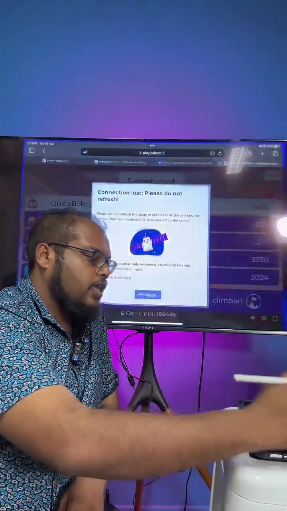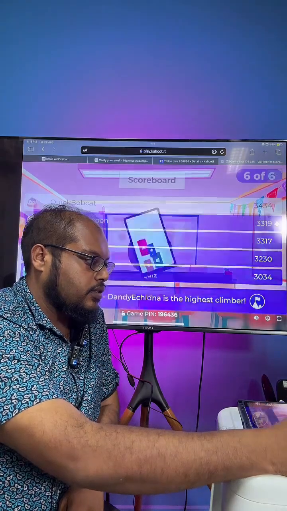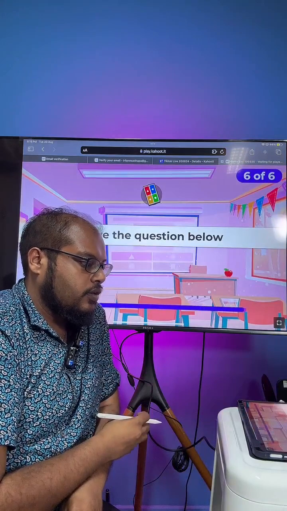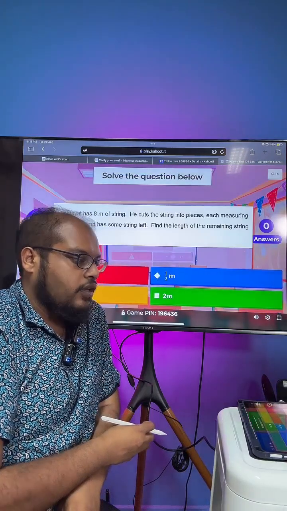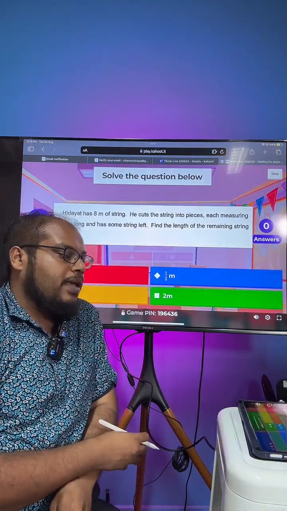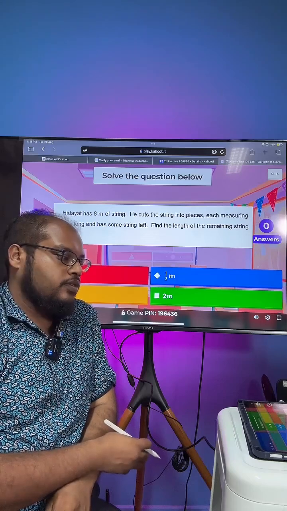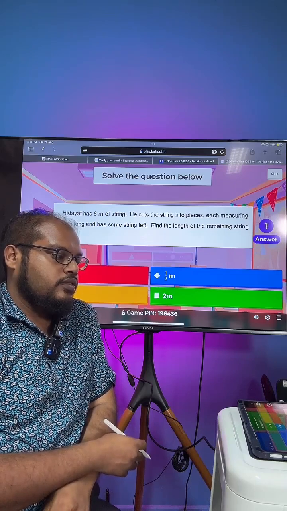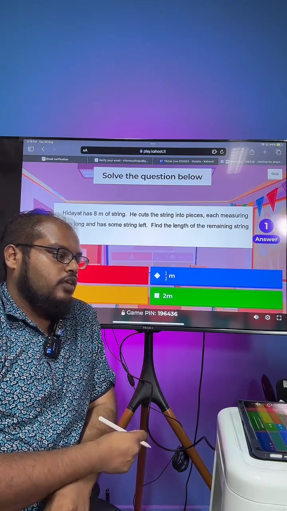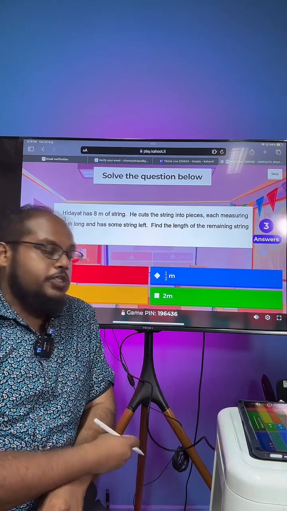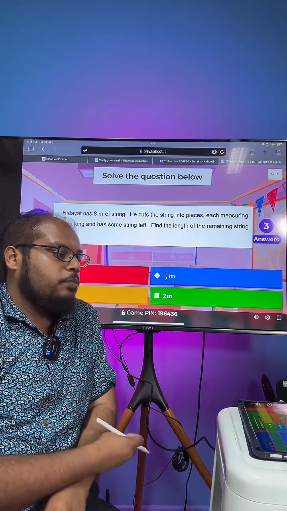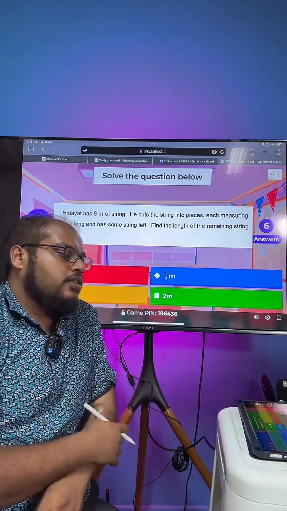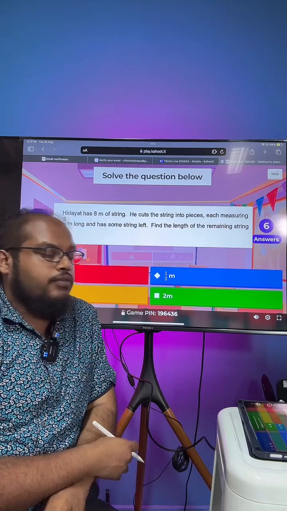Last one for today. This is on remaining string. Hidayat has an 8 meter string. He cuts the string into pieces, each measuring 3/4 meter long, and has some string left.